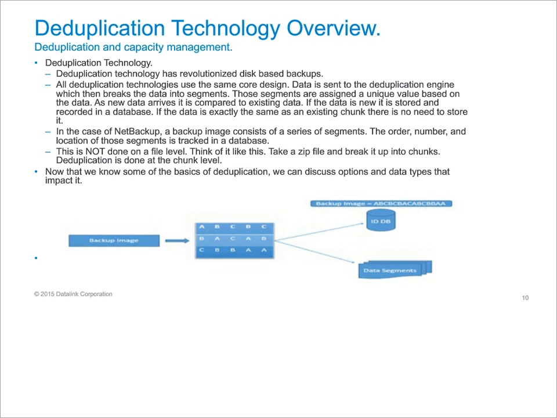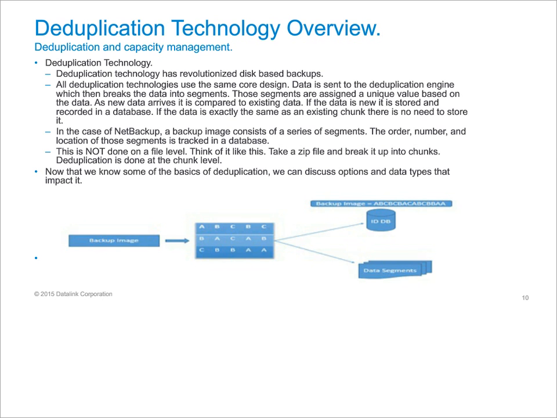Those segments are assigned a unique value based on their data, and it's not the type of data so much as the signature of the data. Different technologies use a little bit different methods for this, but it's a unique value that's calculated based on the data. After it's broken into these segments and each has its unique value, it's compared to the existing data.